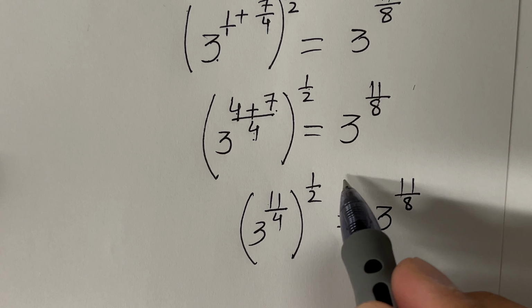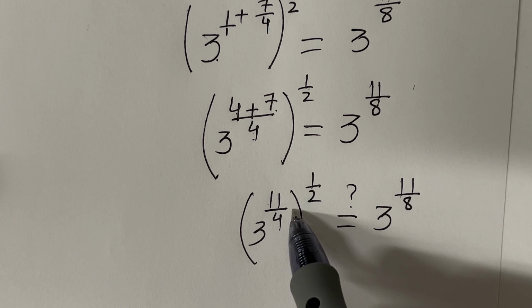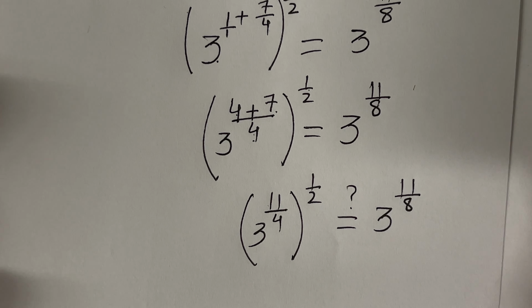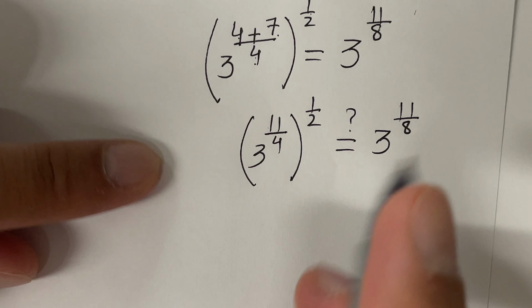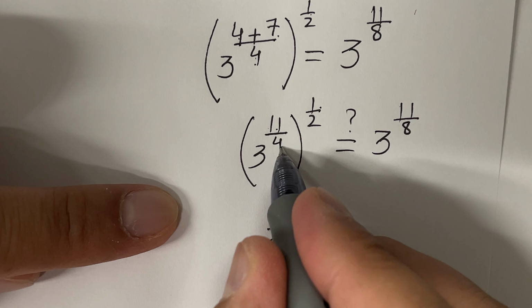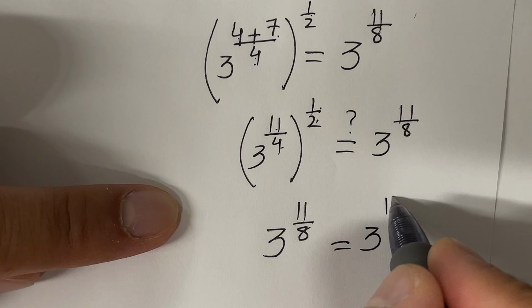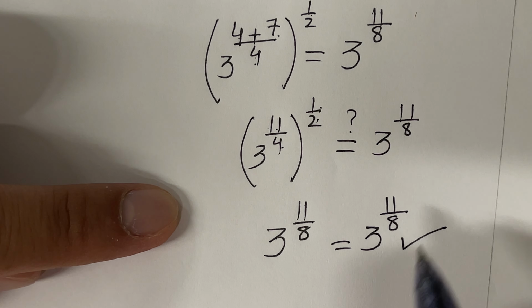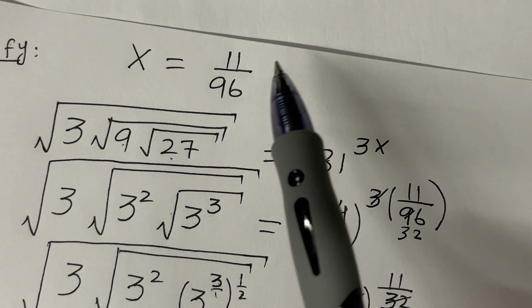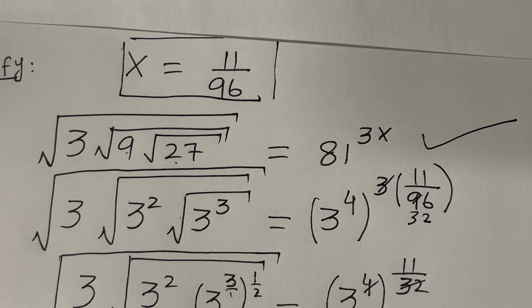And we want to see if this is true or not, and you can see from here, if you multiply the exponents, then the left hand side will be equal to 3 raised to the power 11 times 1 is 11, 4 times 2 is 8, and the right hand side is also 11 divided by 8. It means that the value of x that we had before satisfies this given equation.